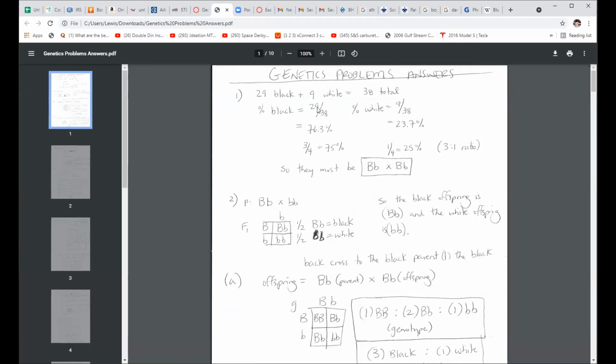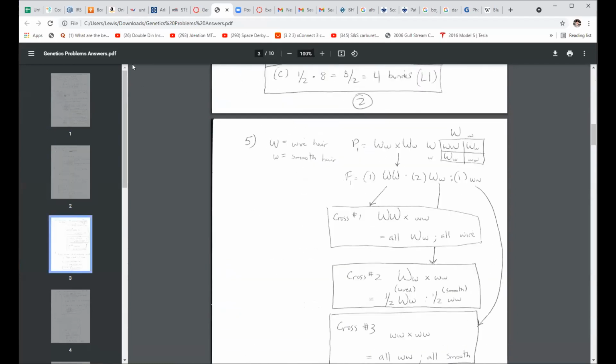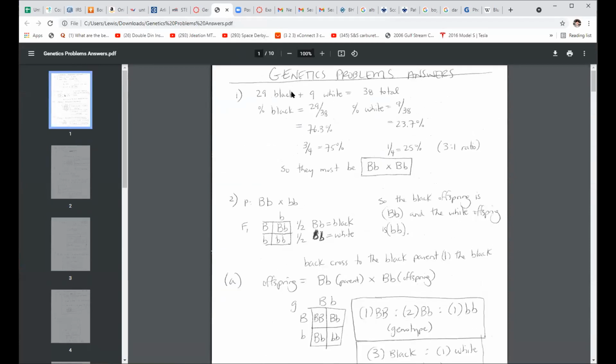We can actually find the percentages, the part of the whole. And so we know that it's a 3 to 1 ratio and none of the other ones work. So the only outcome for the parents would be they have to both be heterozygous. And then I answered 2 and 3 and so on. So you should do that. These are similar to the questions that you're going to see on the exam. And so make sure that you do those practice problems.